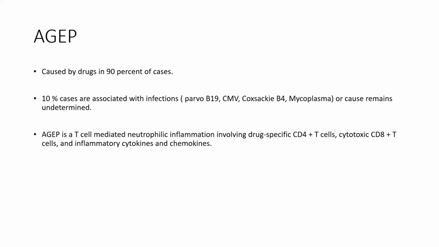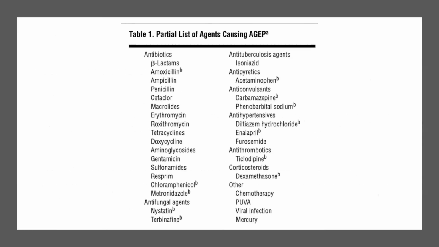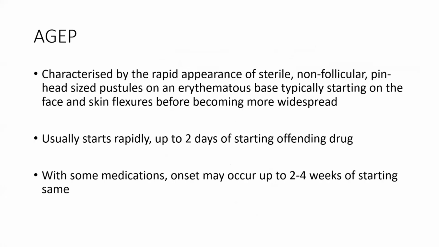AGEP is a T-cell mediated neutrophilic inflammation involving drug-specific CD4 positive T cells, cytotoxic CD8 positive T cells, and inflammatory cytokines and chemokines. So this is a partial list of agents that are causing AGEP, and the most common ones that we have seen out here are beta-lactam antibiotics, such as your penicillins and cephalosporins, right?